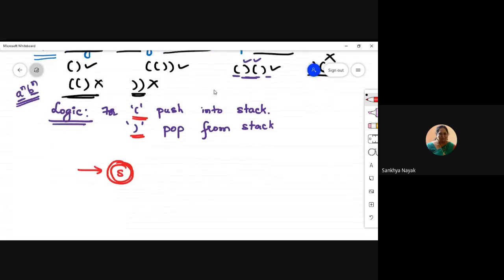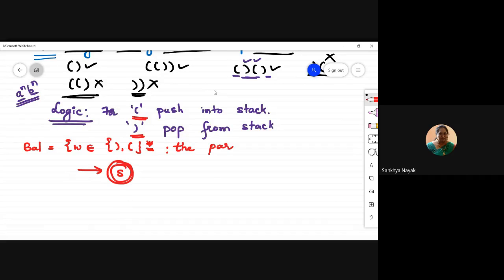Oh, I didn't write the question at all. So the question is that balanced parenthesis will have all those strings which are derived from the two alphabets, star. Star means if nothing is there also, then the parentheses are balanced, correct? This is actually the question.